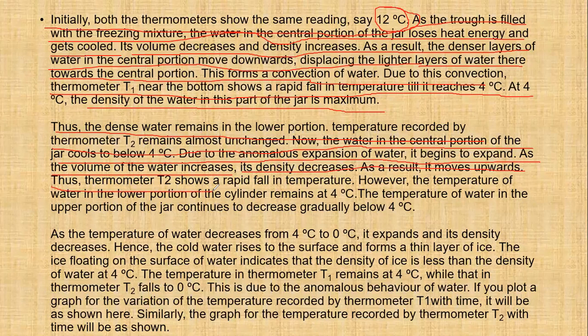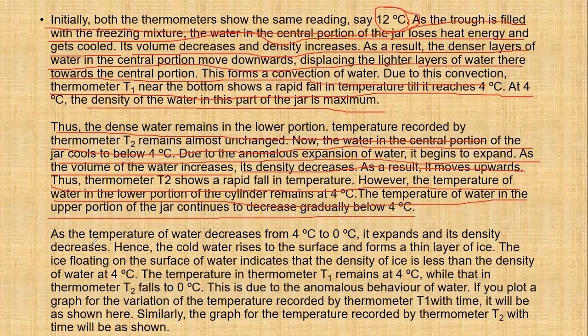Thus, thermometer T2 shows a rapid fall in temperature. However, the temperature of the water in the lower portion of the cylinder remains at 4 degrees Celsius. The temperature of water in the upper portion of the jar continues to decrease gradually below 4 degrees Celsius because of the behavior of water.